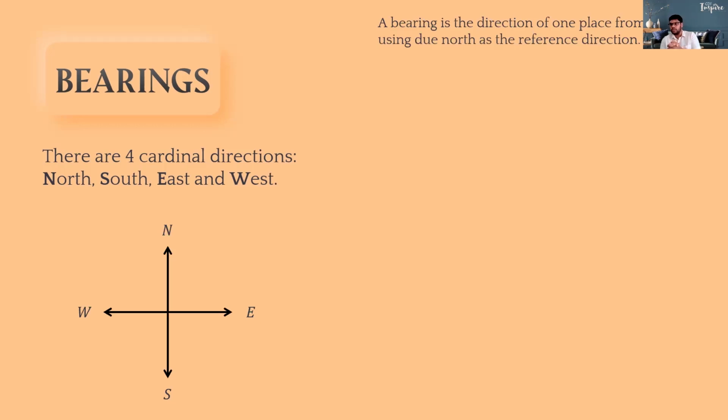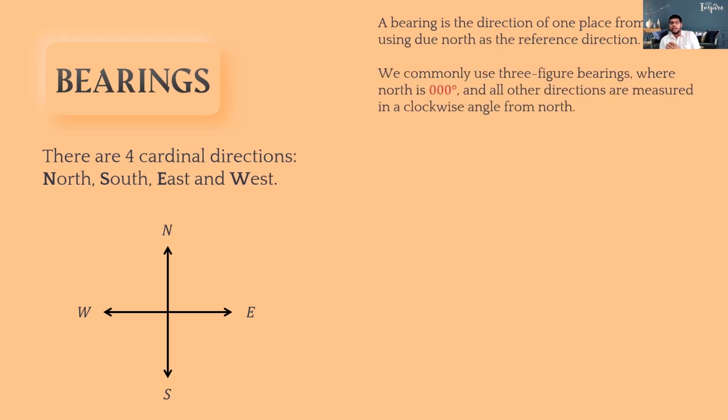That's what we do. So for example, children, we commonly use 3-figure bearings, right? Where north is 000. So that means, children, the north straightforward is 000, right? And we measure all the other angles from north, right?